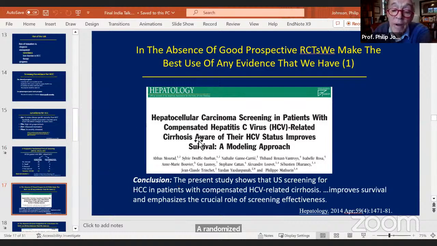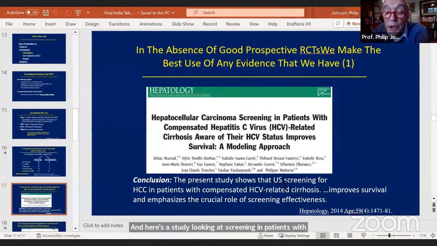And here's a study looking at screening in patients with hepatitis C. And the authors conclude that ultrasound screening for HCC patients who are HCV positive does improve survival and emphasizes the crucial role of screening effectiveness.